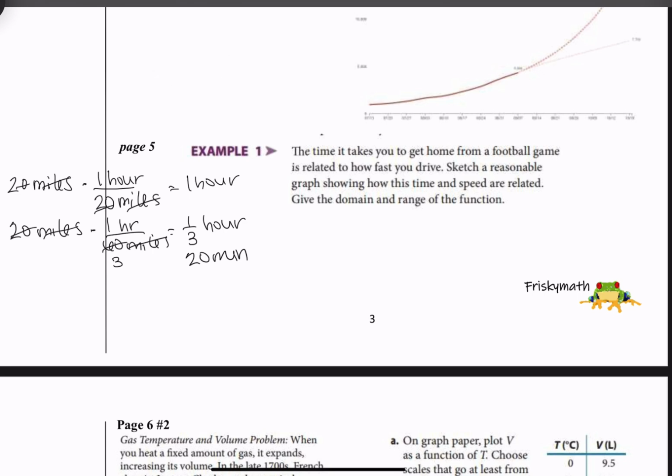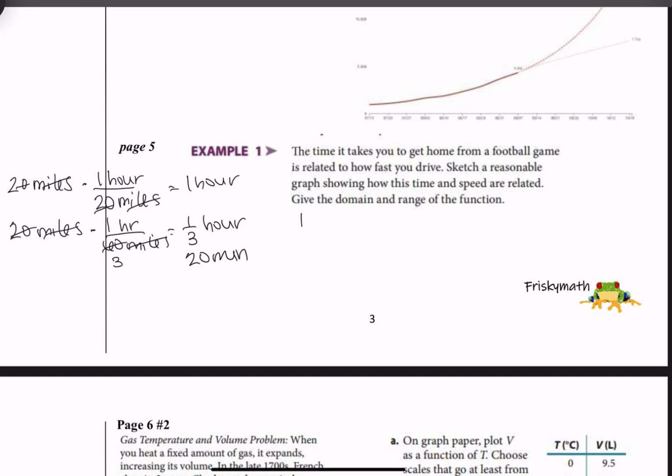Now that's really important for this graph, because normally when I think about inputs and outputs, I think about time being my input usually. Most things are related on time. But in this situation, the independent variable is actually my speed.